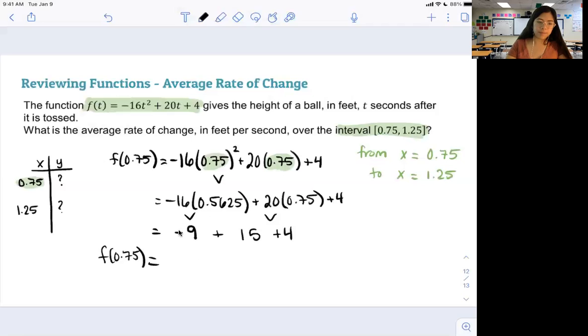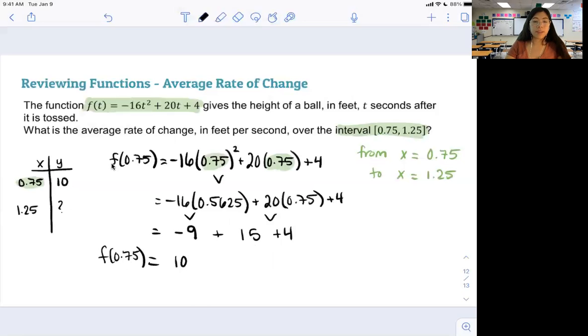Careful, negative 9 plus 15. There you go. We end up with 10. Negative 9 plus 15 gives me 6, and then 6 plus 4, I get 10. So my y value would be 10. f of 0.75 equals 10.